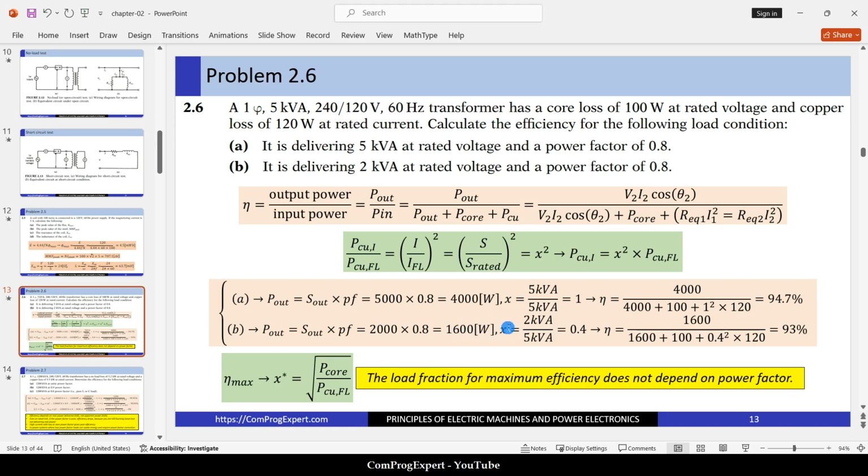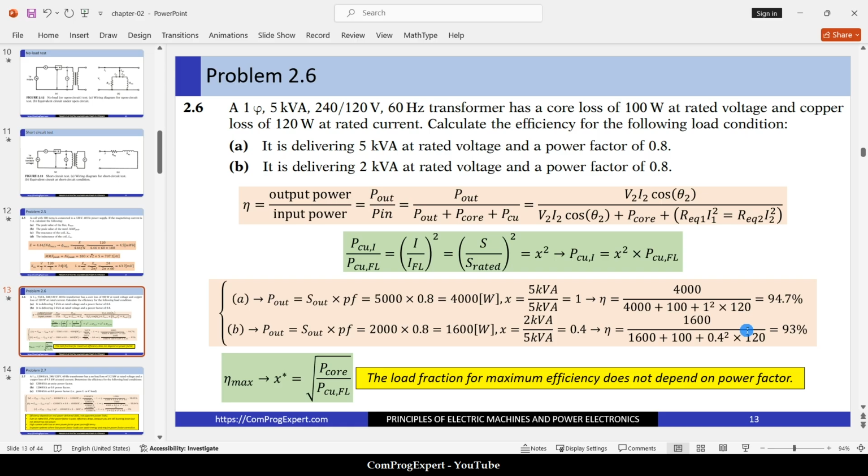What is the value of the load fraction? It is 2 kilovolt ampere divided by the rated one, 5 kilovolt ampere, that is 0.4. So the value of the efficiency will be equal to this fraction, that is equal to 93%.